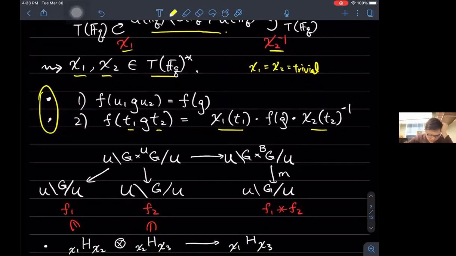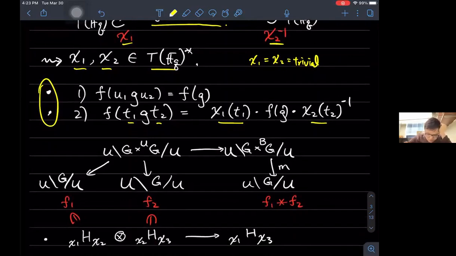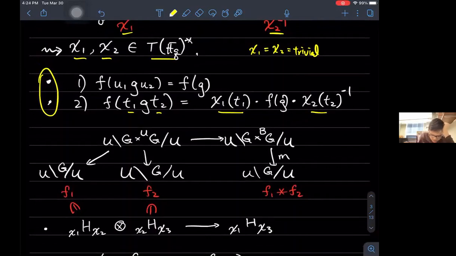Similar to the finite Hecke algebra, I could use a diagram to describe the algebraic structure, or the product structure. Suppose I have two functions f1, f2 on this monodromic Hecke algebra, this space of functions. Notice that I require the right monodromy of the first one coincides with the left monodromy of the second function.